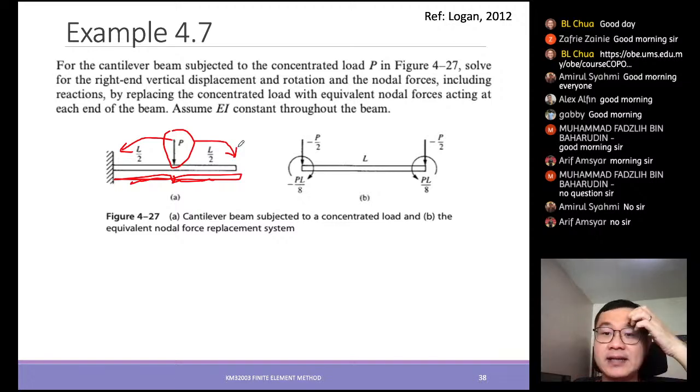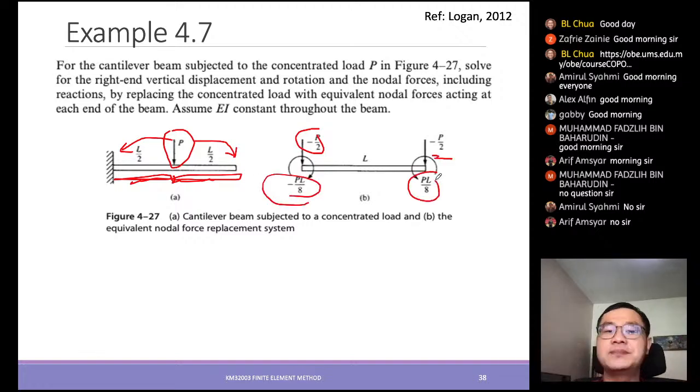If you intend to break this into two, the equations would be the total load P divided by 2 on both ends, whereas for the moment it would be PL divided by 8. So you can break them into two separate loads to represent one single concentrated load acting on the single bar.